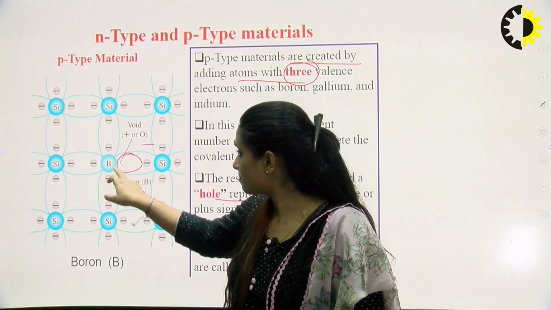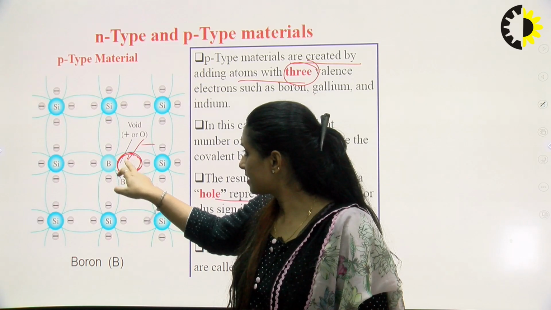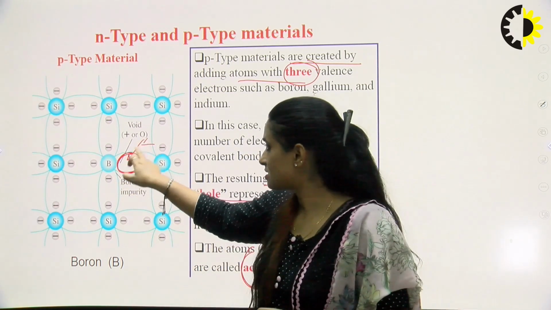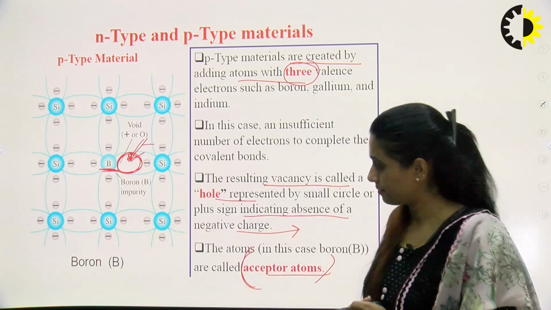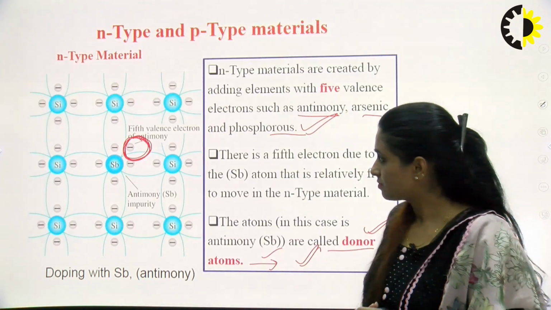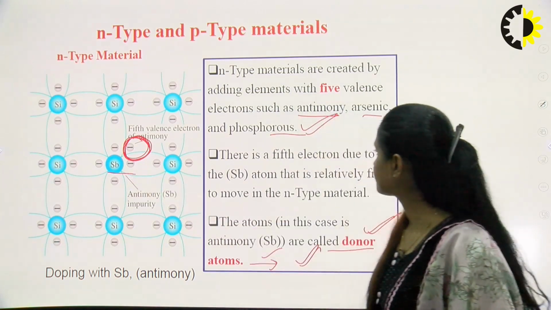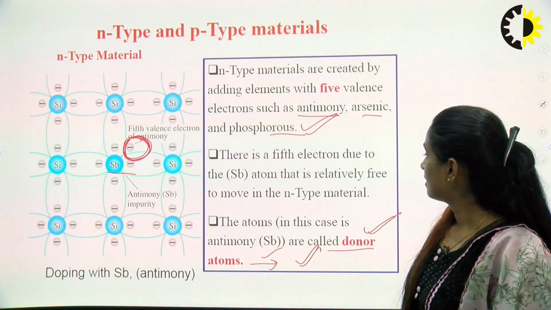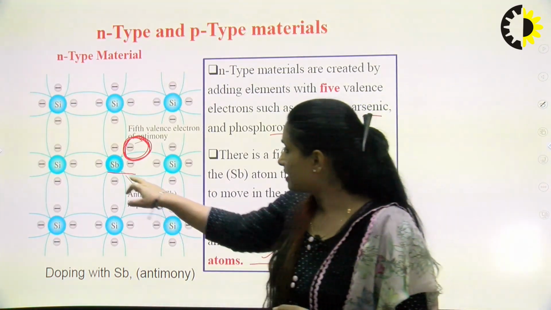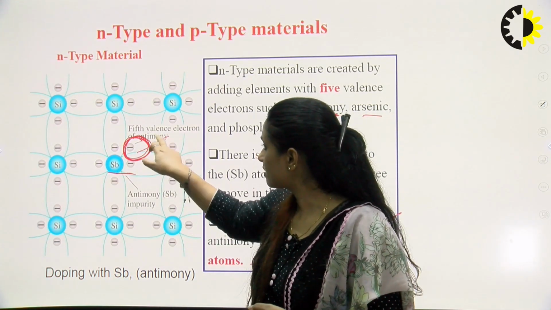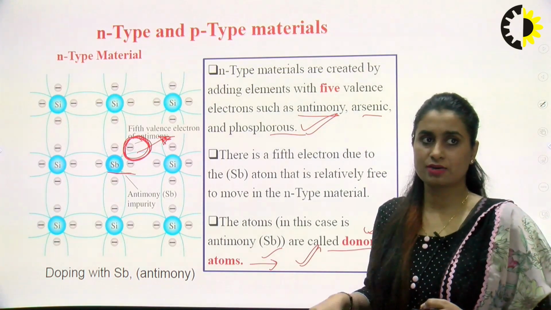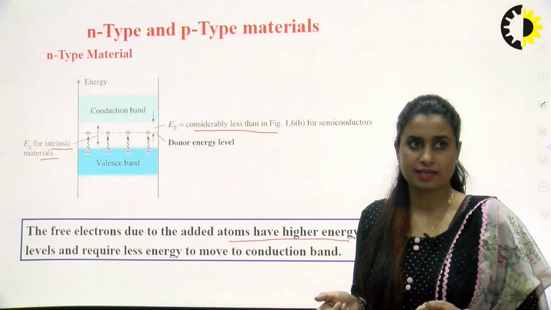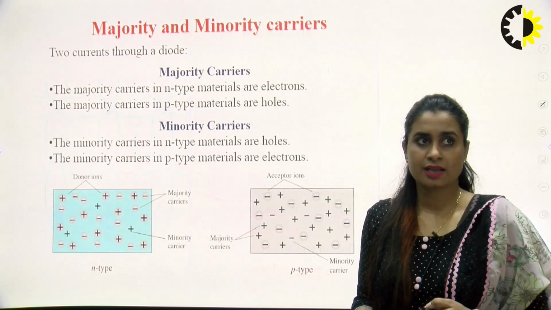Here, absence of electrons, so it can accept an electron. So this is an acceptor type impurity. Boron is an acceptor type of impurity, whereas antimony is a donor kind of impurity, a donor atom. With the outward arrow, I am showing it is capable of donating, and in p-type, it is capable of accepting.